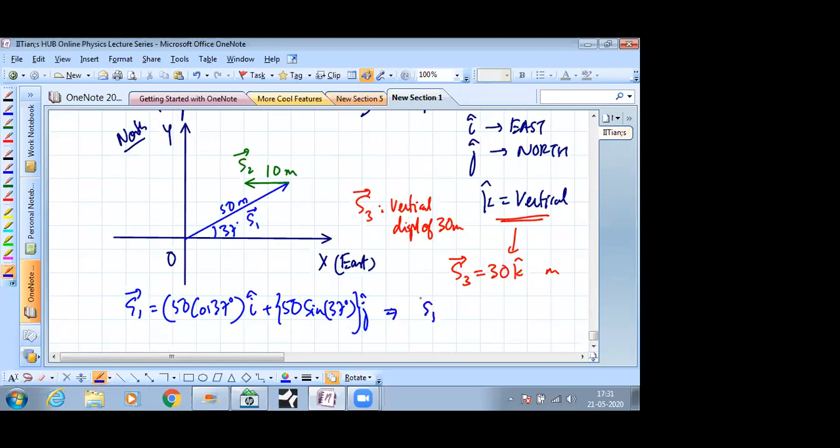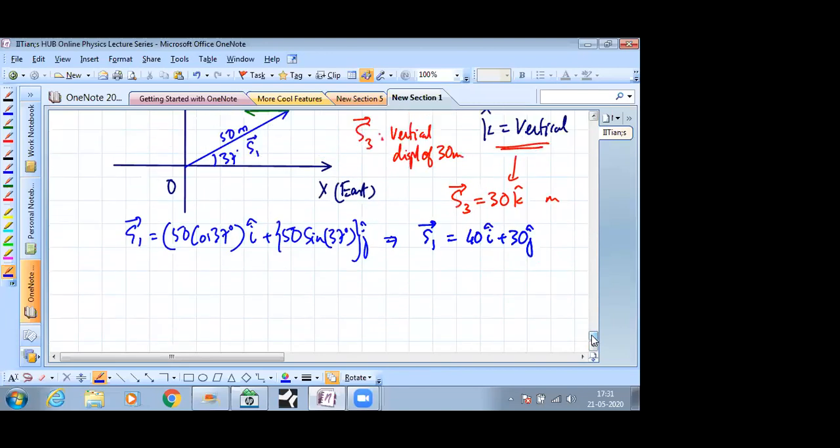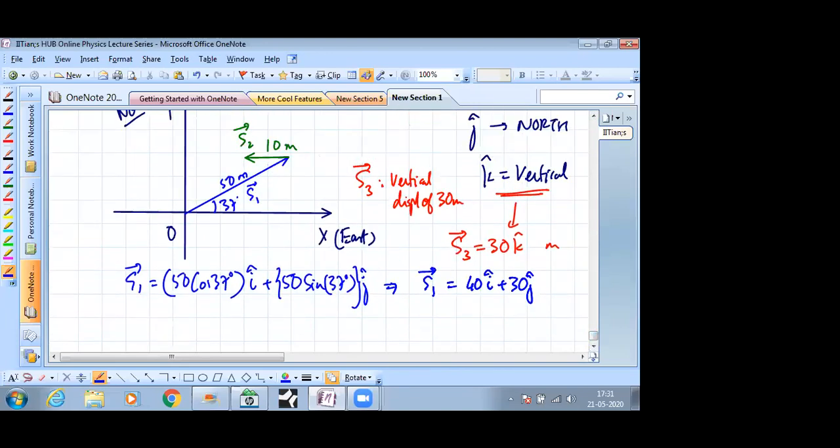So S1, when you write in component form, it is 40 I cap plus 30 J cap. And S3, you don't have to do anything extra. You can see in the diagram itself. S3 is pointing, rather S2 is pointing towards the west. So S2 is very simply minus 10 I cap.